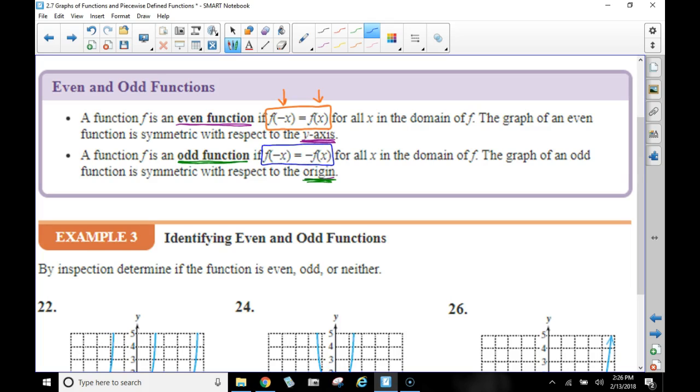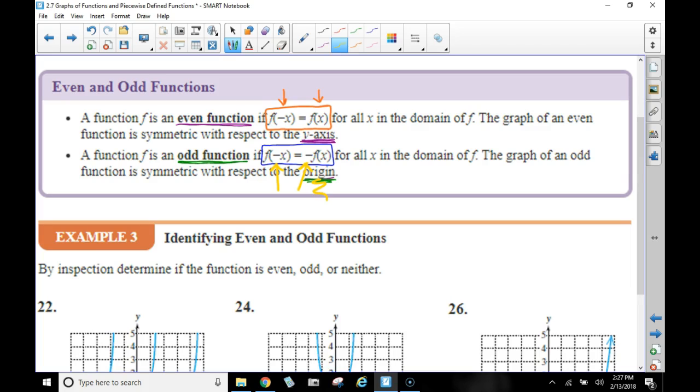It says if your function evaluated at negative x is equal to the opposite of your function, then you have an odd function, and you're going to see symmetry about the origin. Basically, you're replacing x with a negative x and y with a negative y. That is our test to see if something is symmetric about the origin.